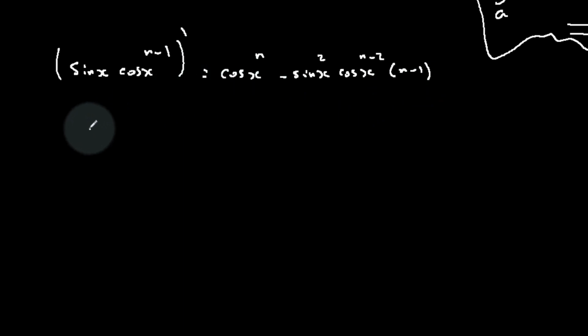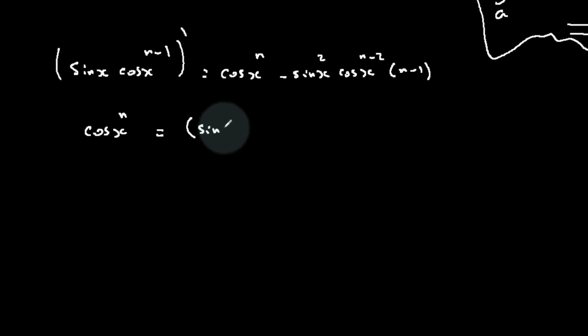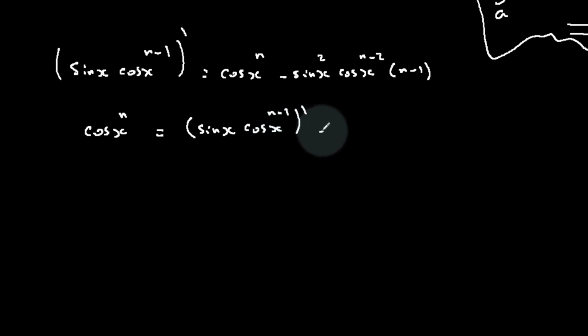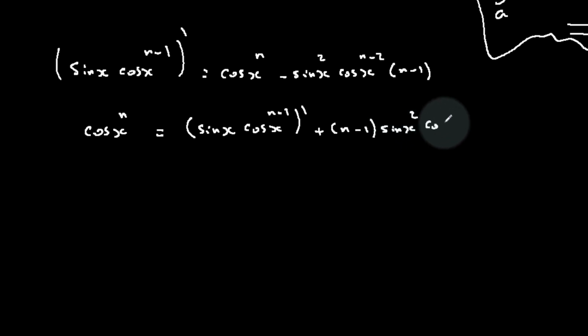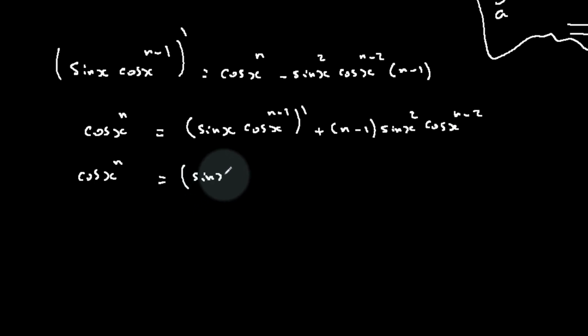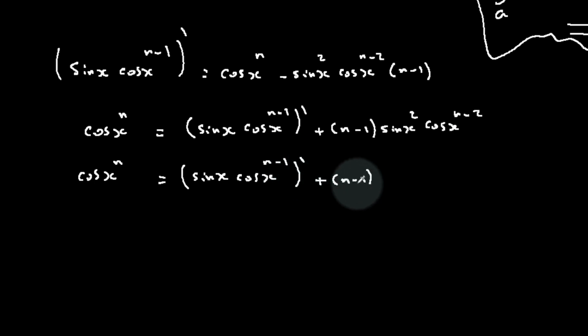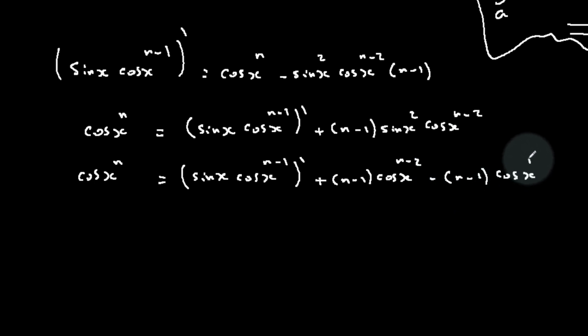Now cosine x power n is equal to the derivative of sine x times cosine x power n minus 1, then n minus 1 times sine x power 2 times cosine x power n minus 2. So we continue: cosine x power n is equal to the derivative of sine x times cosine x power n minus 1, plus n minus 1 times cosine x power n minus 2, minus n minus 1 times cosine x power n.